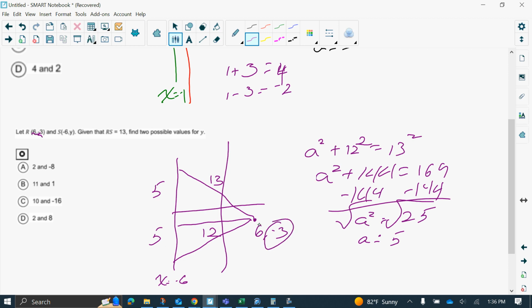Our original value was negative 3. So we do negative 3 plus 5, negative 3 minus 5. Negative 3 plus 5 is 2. Negative 3 minus 5 is negative 8. So 2 and negative 8 is choice A.